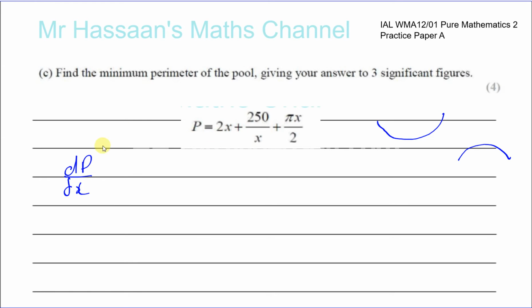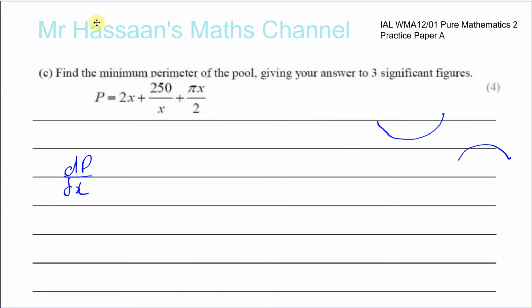Before I can do that, I need to rewrite it so it's friendly for differentiating. So you've got 2x plus 250. Now I don't want x in the denominator, so I'll write this as x to the power of minus 1, plus pi over 2 times x. When I differentiate 2x with respect to x, I get 2.